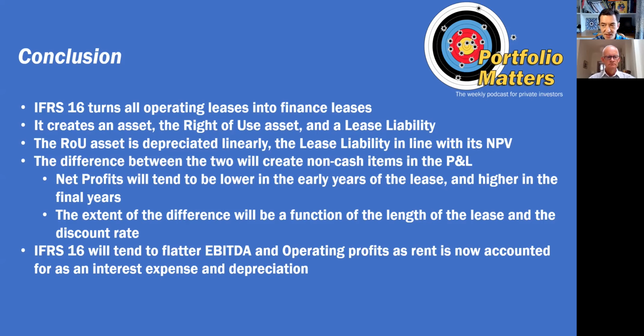And the net effect, what you really need to know, is that IFRS 16 will tend to flatter EBITDA and operating profits as rent no longer goes through the accounts above the operating line. They are accounted for as financing costs and interest paid. And you will see and understand that as we go through some examples.